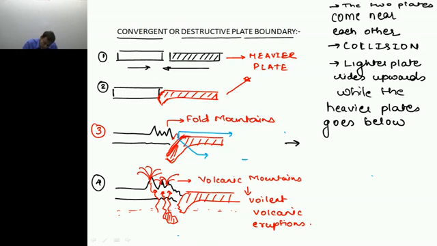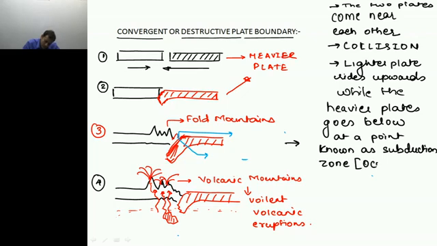It goes below at a point known as subduction zone, which is represented by oceanic trenches.